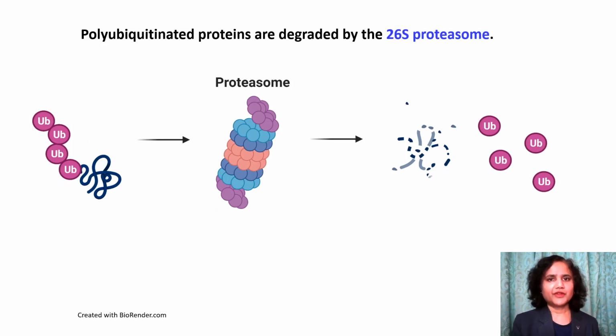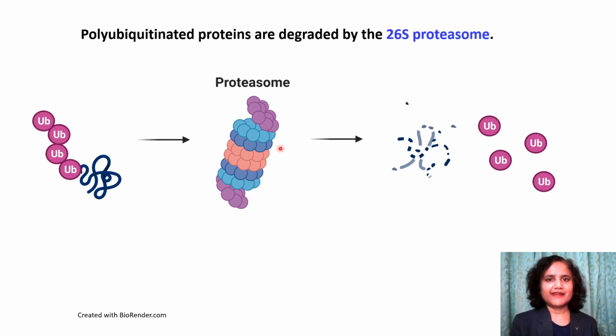So here's a summary of the key process of ubiquitin mediated protein degradation. First, a polyubiquitin tag is attached by the ubiquitylation machinery, the multi-enzyme system consisting of the E1, E2 and E3 enzymes. These polyubiquitylated proteins are recognized by the proteasome shown in this cartoon here.